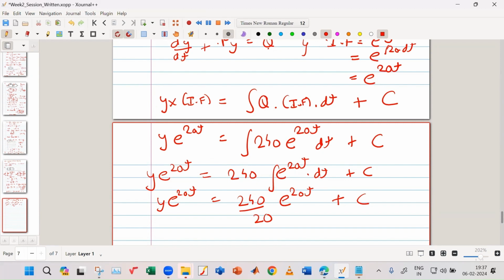Now we have forgotten something. There's the initial condition. You have your initial condition, limits 0 to t.